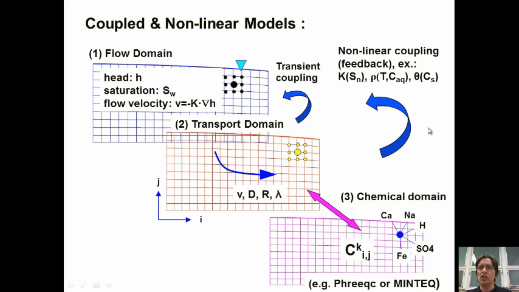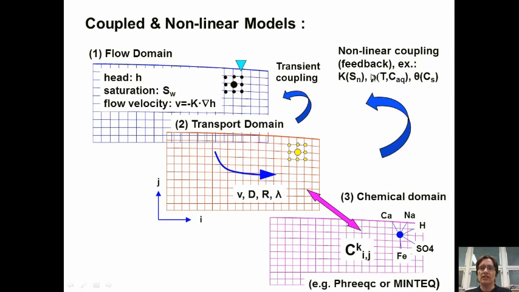Another type of coupling is a nonlinear coupling or feedback. For example, if our hydraulic conductivity depends on our NAPL saturation, if we have a non-aqueous phase liquid dissolving here, it's taking up pore space, it's dissolving, it's freeing up pore space, that's going to change our hydraulic conductivity. Well, our hydraulic conductivity is a parameter in our flow model. So as it changes due to our NAPL dissolving in our transport domain, we have to update the flow system at each time step as that's happening.